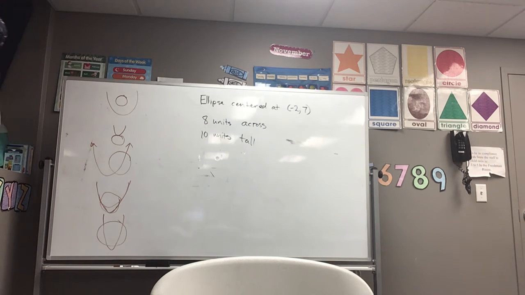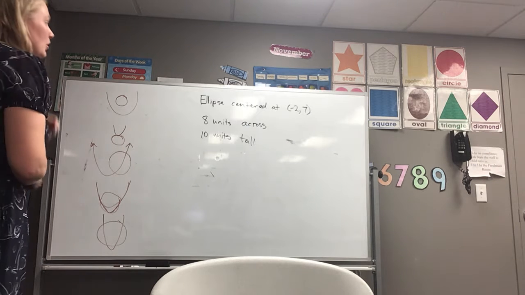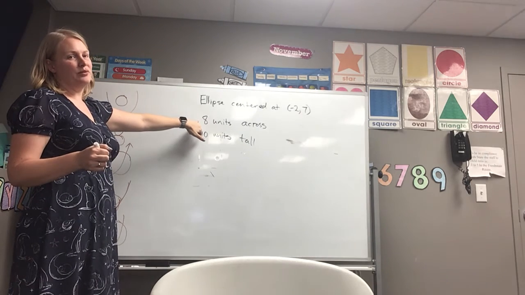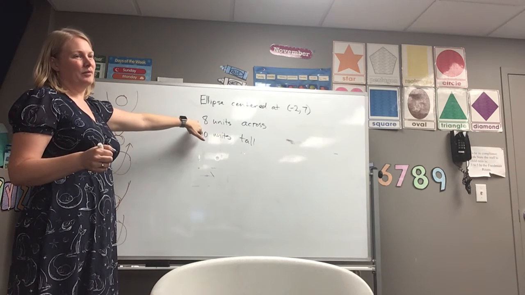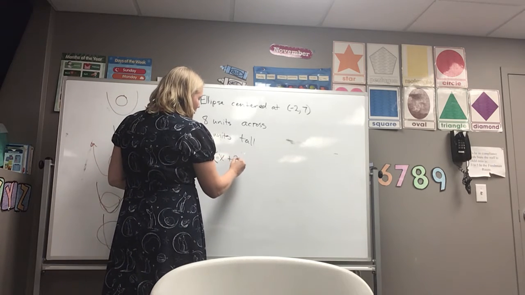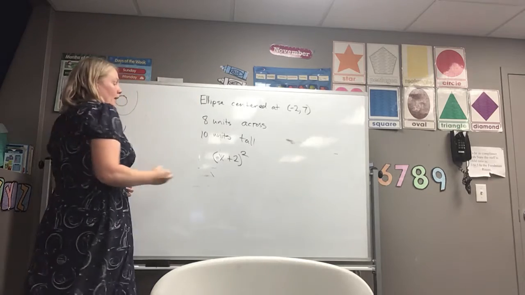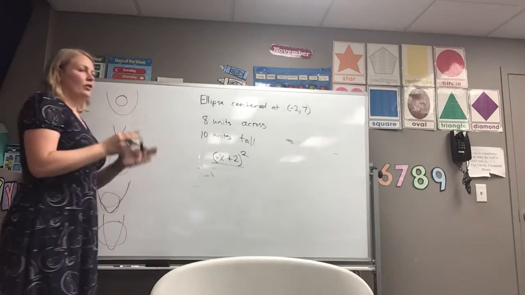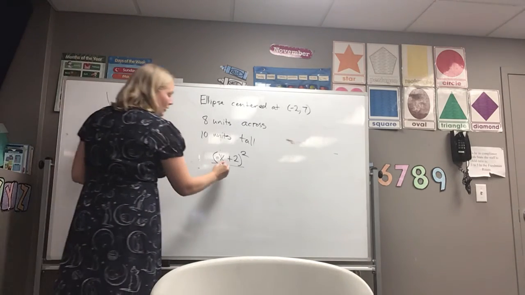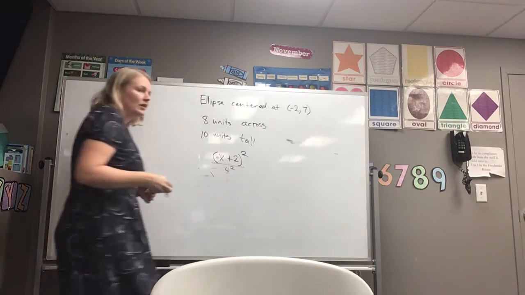Nathan? So, not necessarily difficult, but easiest place to make the mistake. Did you remember to chop this in half? So, we're going to have x plus 2 squared. If it's 8 units across, we're talking about the difference in both directions will be 4 units, and it'll be 4 squared or 16.